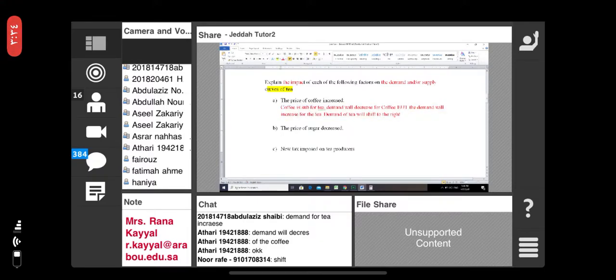طيب the price of sugar decrease. Complementary product متمم.